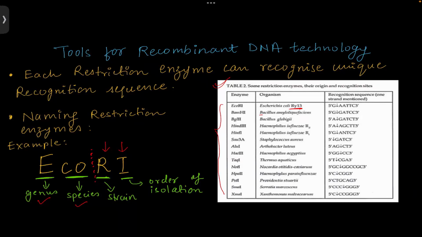AM refers to the first two letters of the species name, Amyloliquefaciens. H refers to the strain name and 1 refers to the order of isolation. And for each restriction enzyme, there is a unique recognition sequence given here in this table.